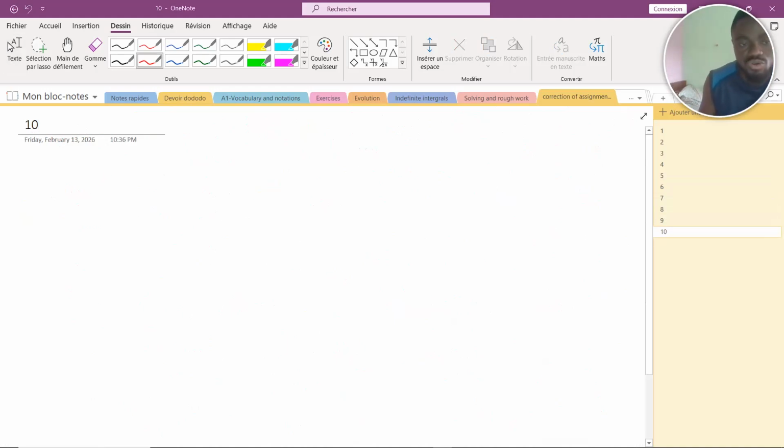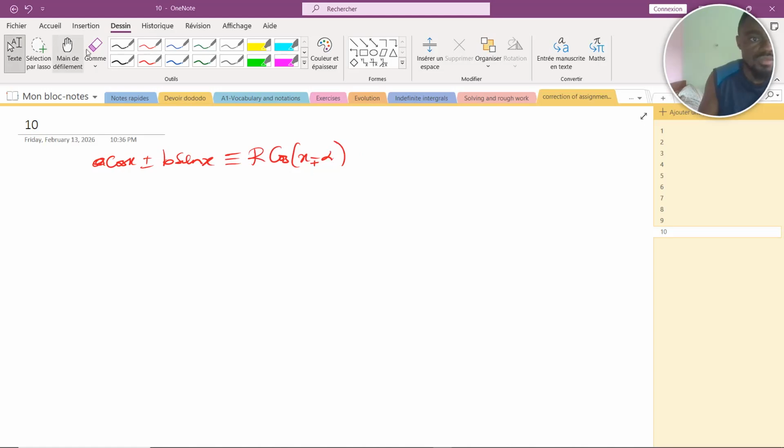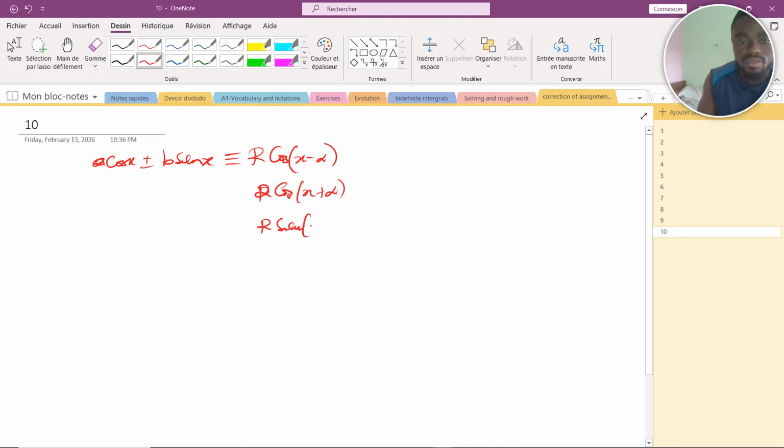Okay, you did trigonometry, and you were taught, for example, that if you have an expression a cos x plus or minus b sine x, you can always turn it into an expression of the form r cos(x minus alpha), or r cos(x plus alpha), or r sine(x minus alpha), or r sine(x plus alpha).